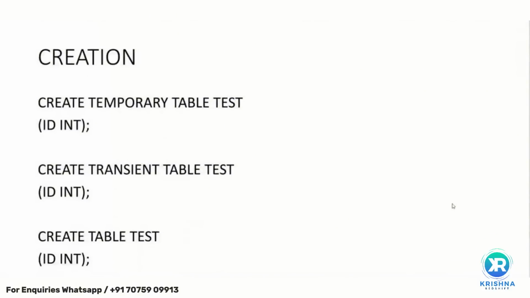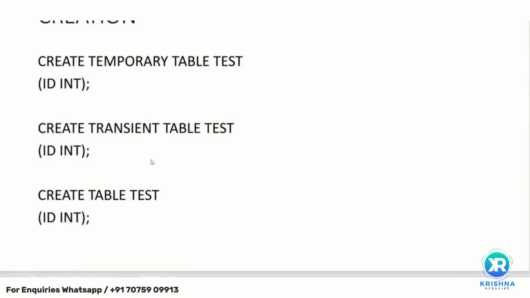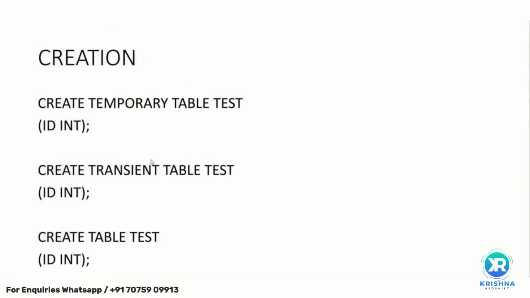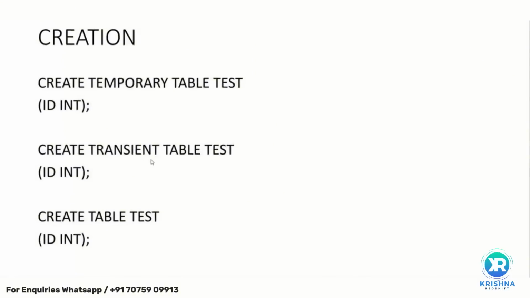So these are some of the ways to create tables. What do you see from this slide? The difference is very clear: create temporary table, create transient table, create table.